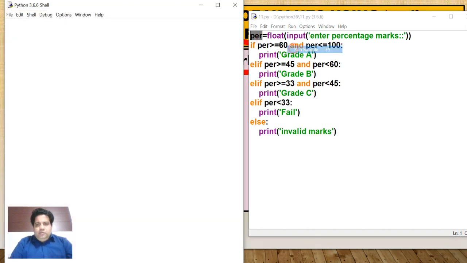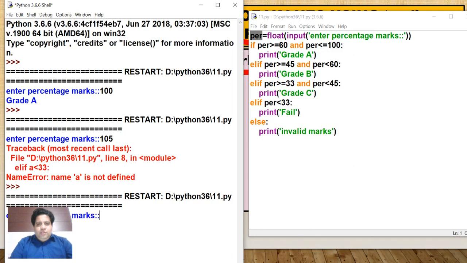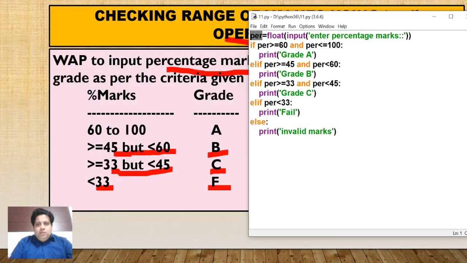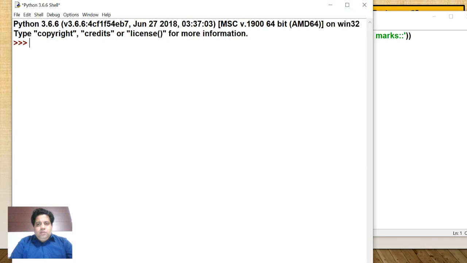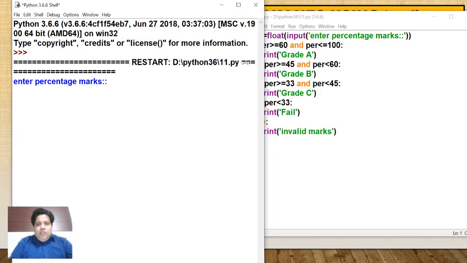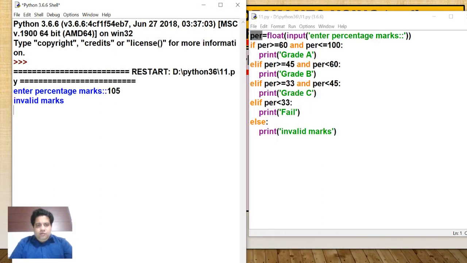Now again run. Suppose someone enters percentage marks as 105: invalid marks. Okay, so it is invalid marks.